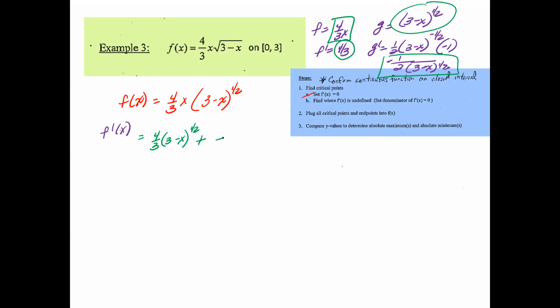Well, that 4 and this 2 will cancel to a 2 on top. So 2 times that 1 is a negative 2 over 3. X is on top. And then you have 3 minus x to the 1/2 on the bottom, equal to 0.